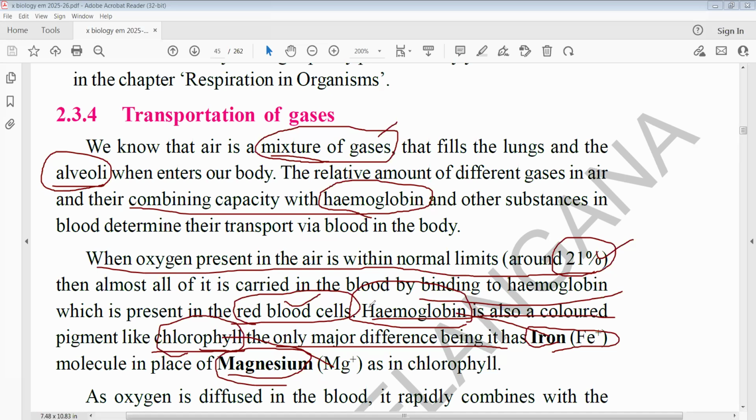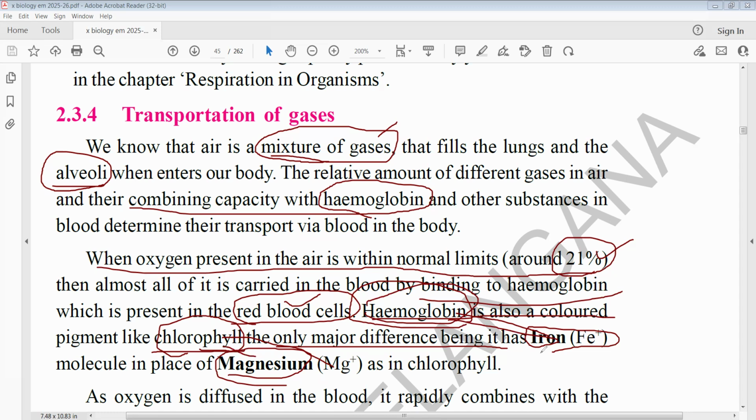Don't be confused. Hemoglobin is present in RBC and contains iron. Chlorophyll is present in the chloroplast in plants and consists of magnesium.